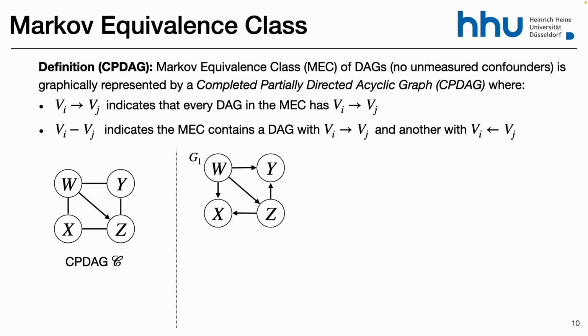But about the others, I have all edges connected without creating unshielded triplets. An unshielded triplet is one where the first and the third are not connected. And here I have this. This is unshielded: X, W, and Y is a triplet that's unshielded. So I can flip the edges between W and X and between Y and W as long as I'm not creating an unshielded collider.